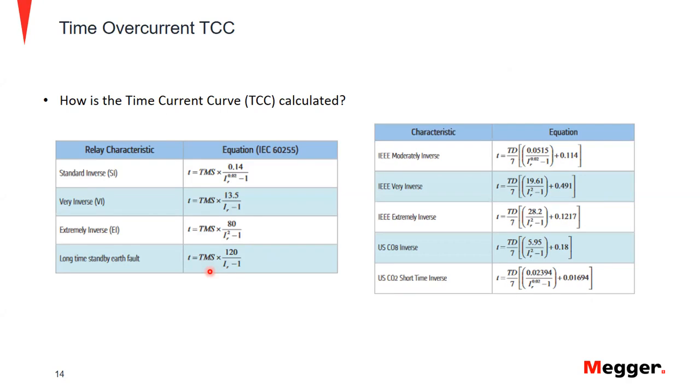These are in all of the manufacturers' specifications. If not most, if not all, relay manufacturers will have the TCC curve calculations listed in their manuals. They also provide custom settings, so it will allow you to derive your own custom time current curve if you see fit to do that.